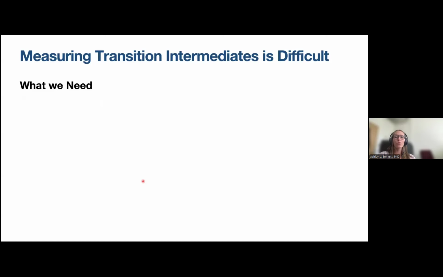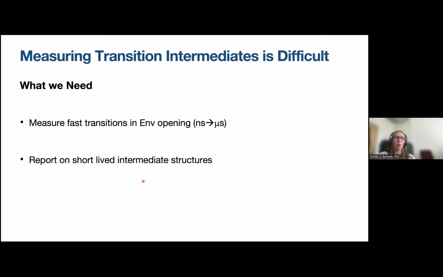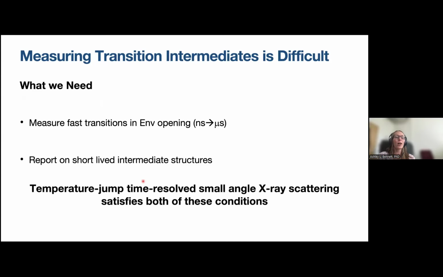Now, in order to measure these transitions, we need a method that can measure fast transitions. In our case, we need the nanoseconds to microseconds time scale. We also need a method that can report on short-lived intermediate structures. And we found that temperature jump time-resolved small angle X-ray scattering satisfies both of these conditions.